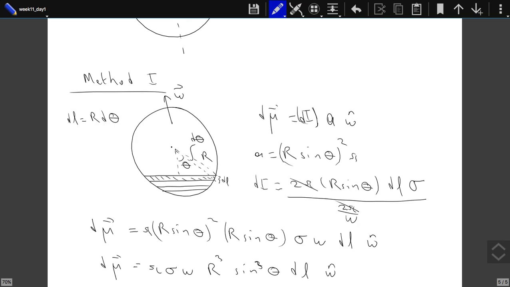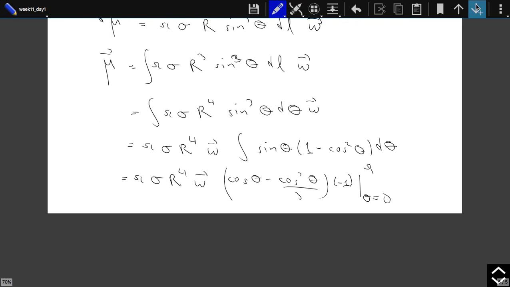And for each theta, I'm taking the total ring. So I'm basically covering over all the sphere by taking theta from 0 to pi.